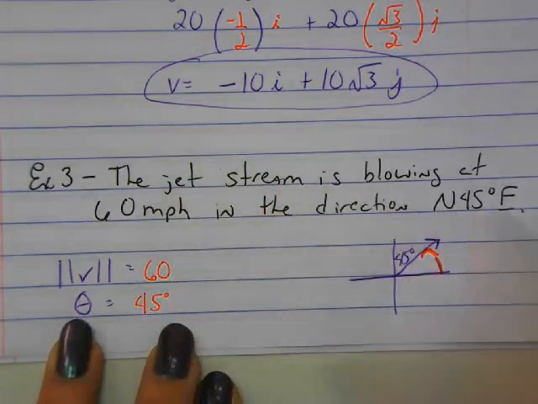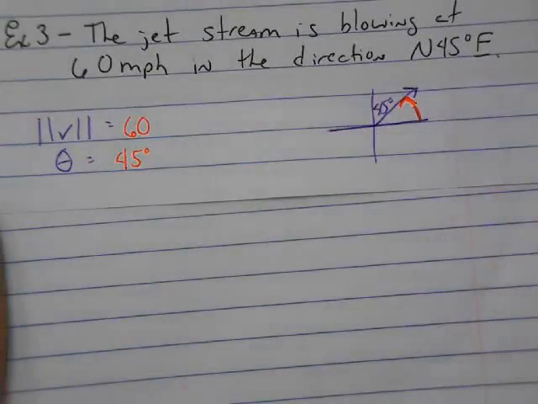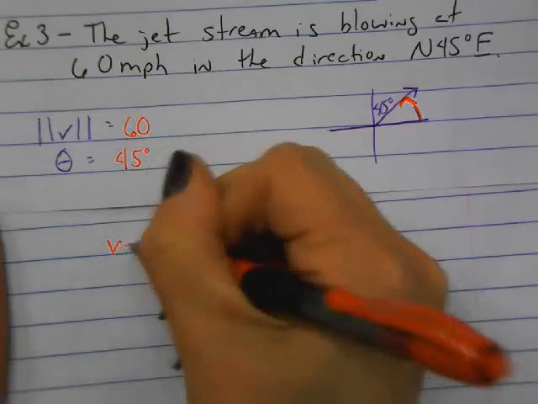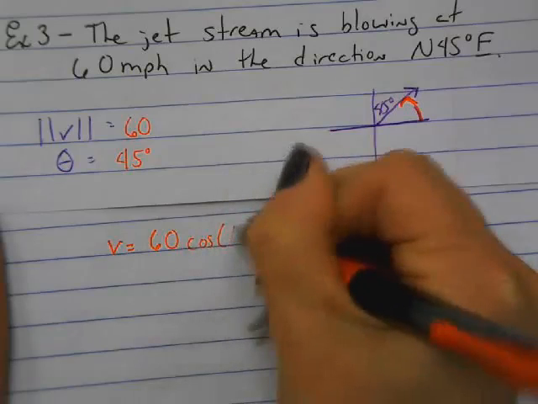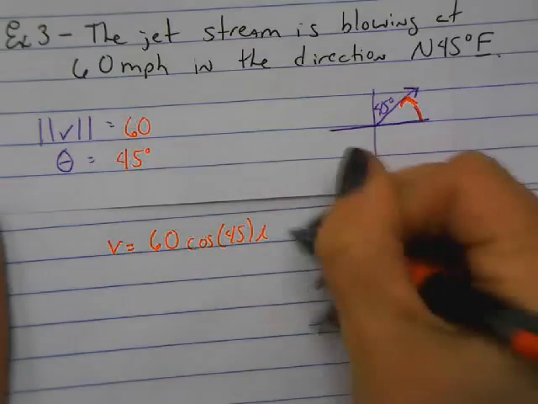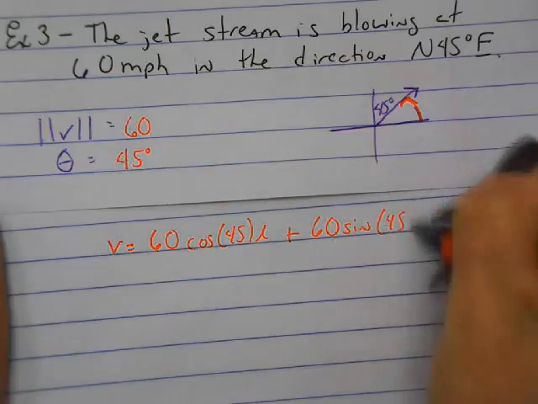Now we're ready to plug into our formula. So I know my new vector is equal to 60 cosine 45 i plus 60 sine 45 j.